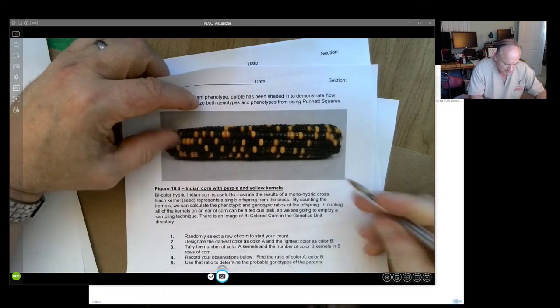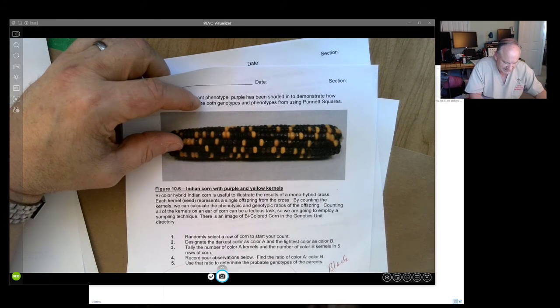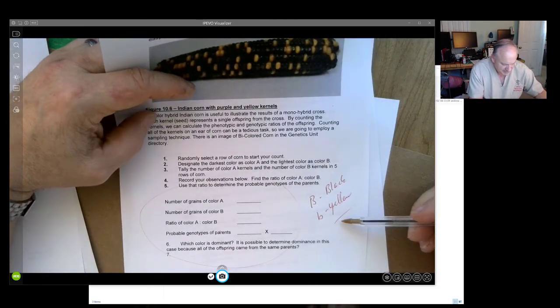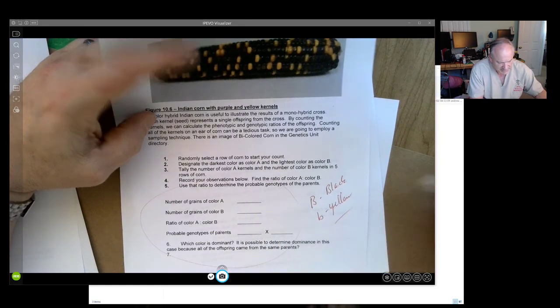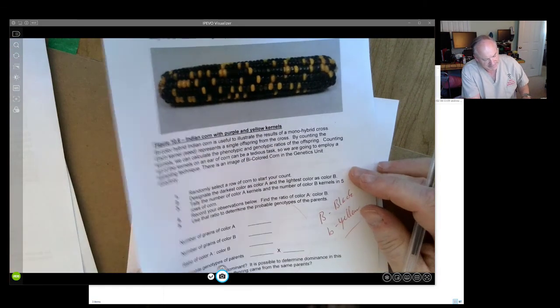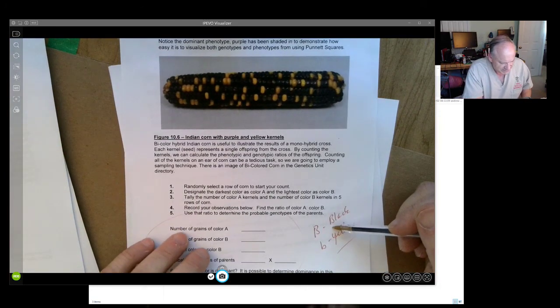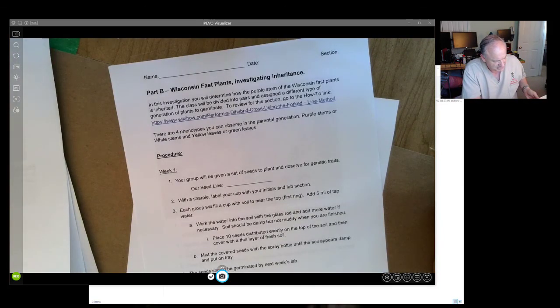If you want, big B is black and little b is yellow, just as a suggestion. You can use whatever characters you want and assign those, and then you can find out what the possible parents might have been that provided the corn. Do the best you can on this. We're going to go over this again in class, but it's a great introduction to get you going.